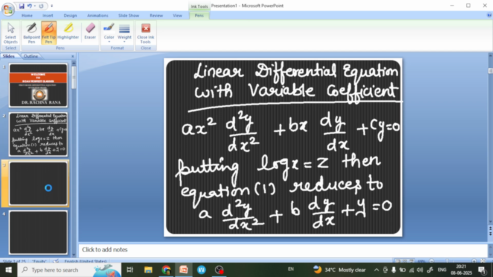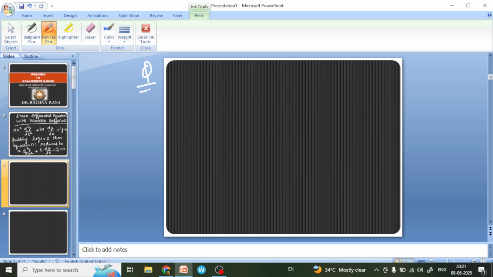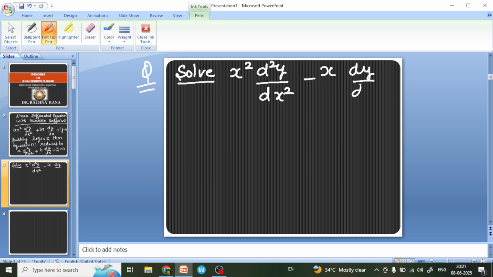Now I am going to take one question. Solve x square d square y over dx square minus x dy over dx plus y equal to 0.